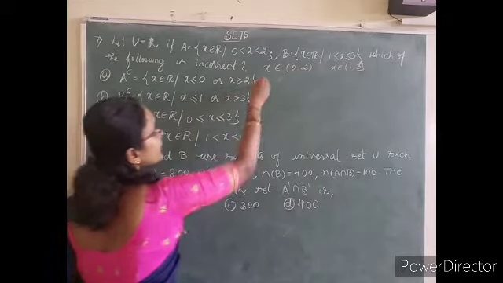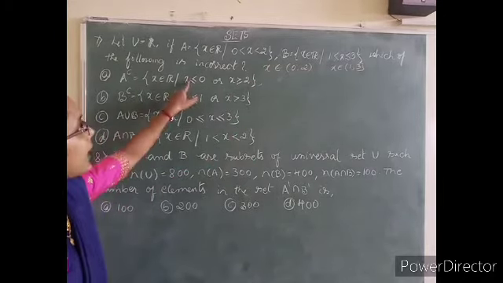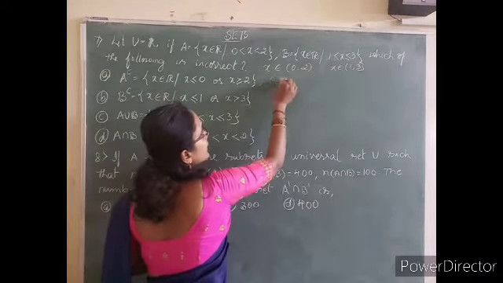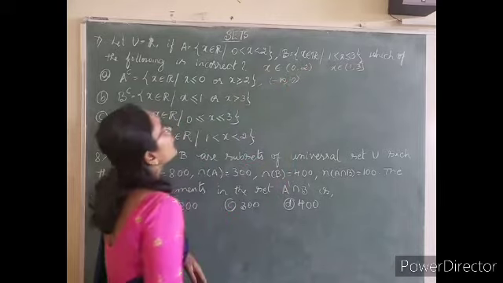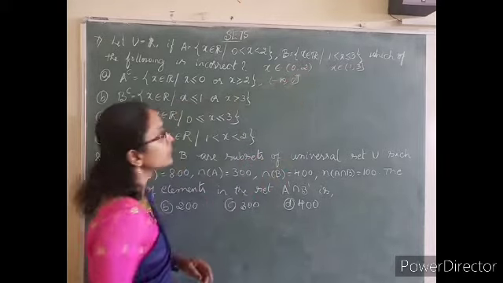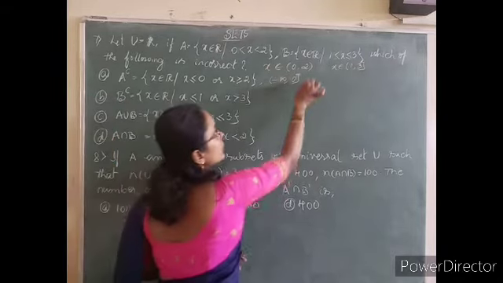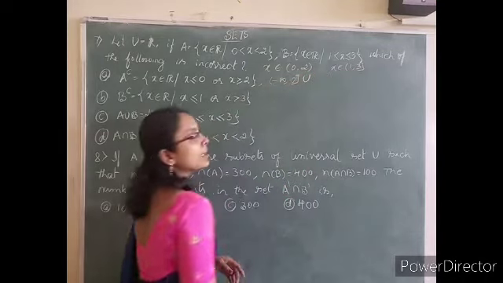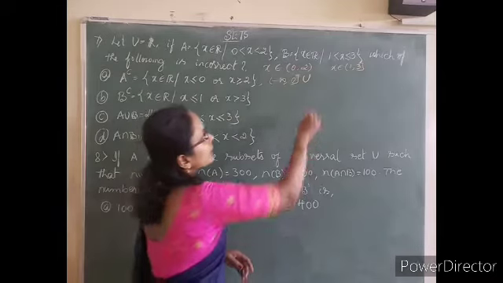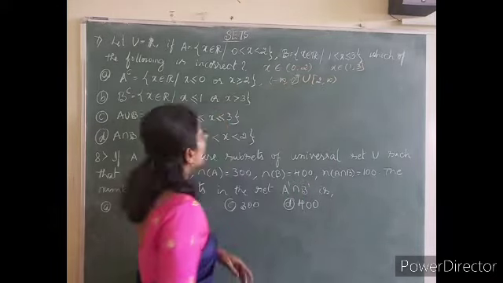In interval form, x less than or equal to 0 means minus infinity to 0, and since 0 is included you use a closed bracket. Or x greater than or equal to 2 means you have to use union. So "or" indicates union, 2 to infinity, with 2 included.